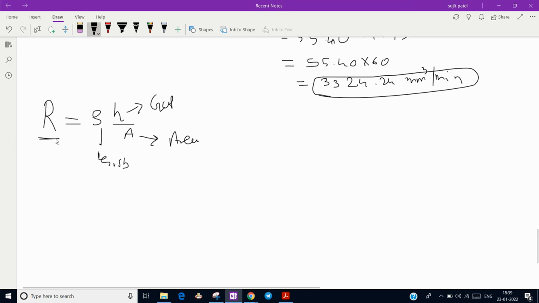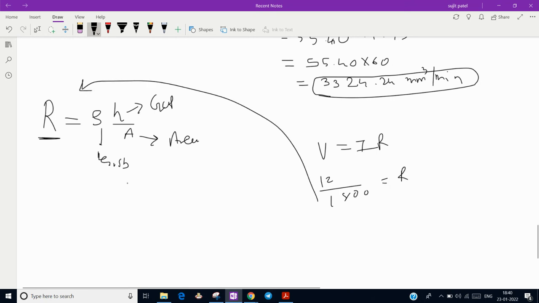But now we don't have the value of resistance, so how can we find it? Using Ohm's law. V is equal to IR, because voltage is given as 12 volt and current is given as 1800, is equal to R. So put this value over here. So 12 divided by 1800 is equal to, what is the resistivity? That is 140 into gap h that we have to find, divided by frontal area 2000 mm square.